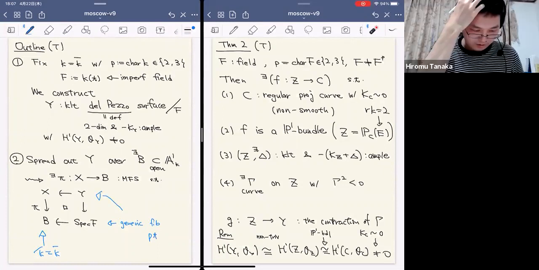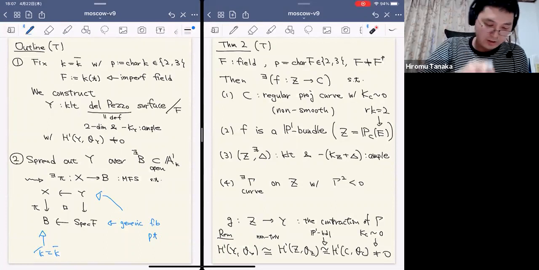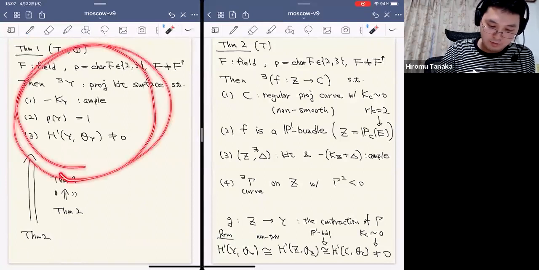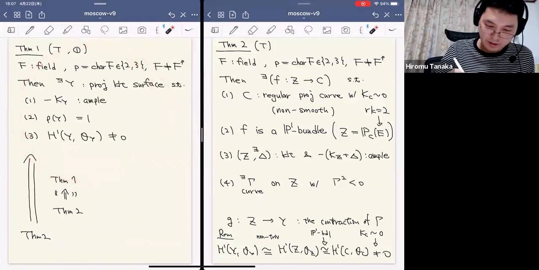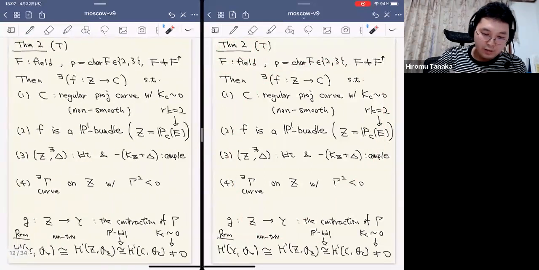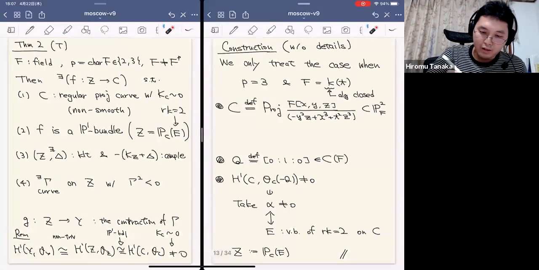Okay, so now we want to construct the example. The goal was the counterexample, but as I explained, the problem is reduced to constructing the example written here. Now I'd like to give some construction, but I do not give the complete details, so I omit some details.